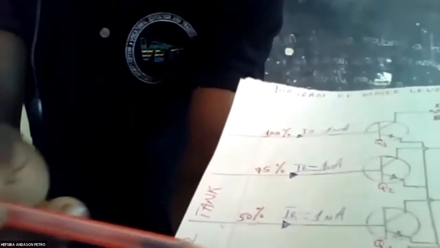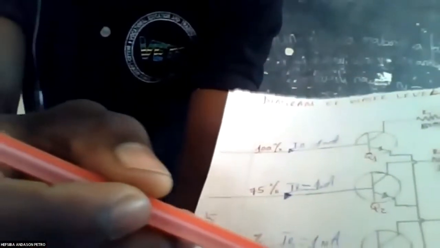So now, when the water reaches this wire, I mean there is a connection of wire from the transistor and to another one, to the tank.